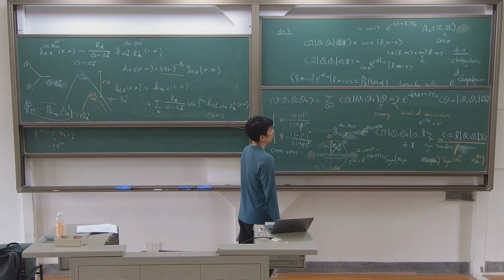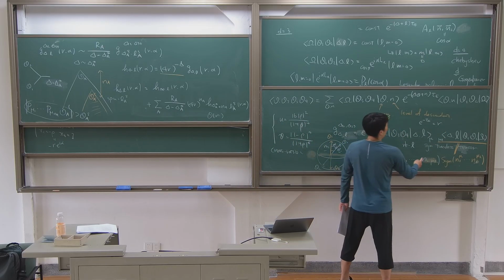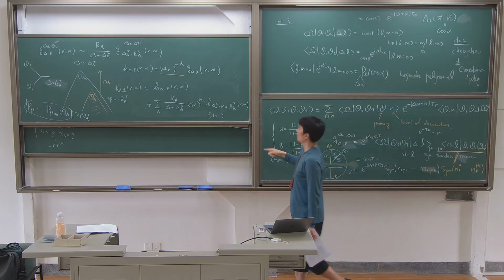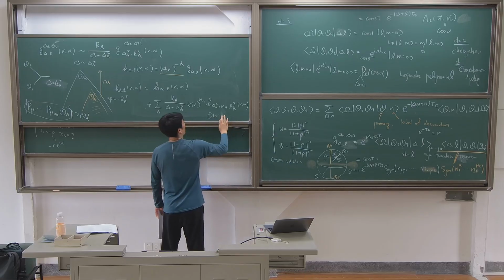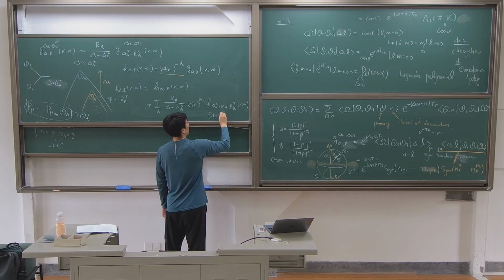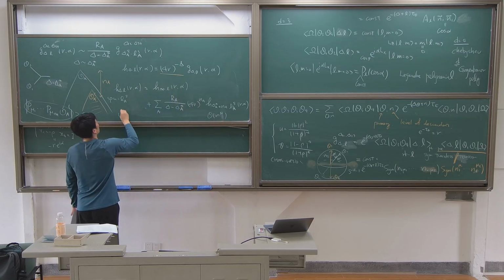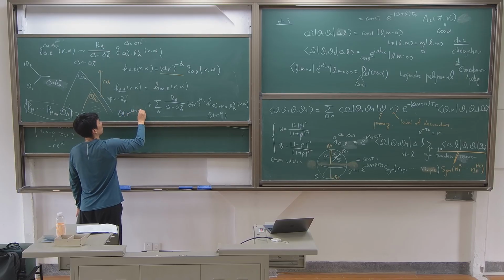Okay, so alpha is a function of R and alpha. If you understand the operator is the same, capital N, this will determine the order of R to N plus NA.